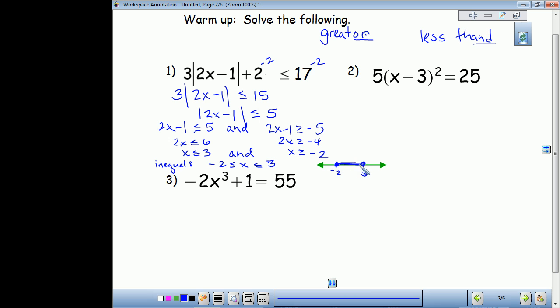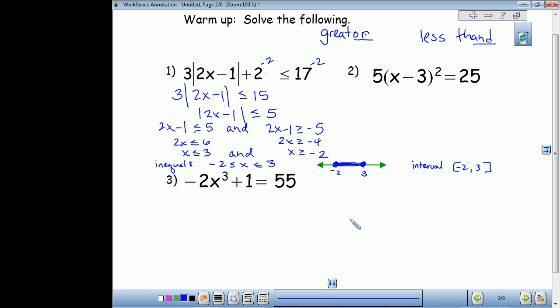There's the graph. And then finally, I ask you for the interval. And the interval for this one would be from negative 2 to 3. So, here are the 3 different ways we could have shown the answer for that absolute value inequality.